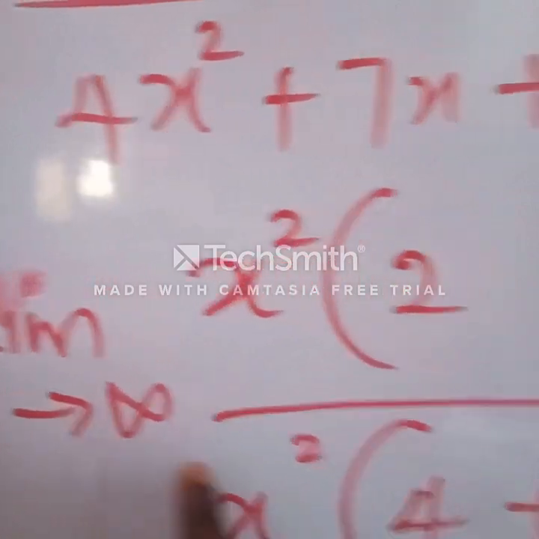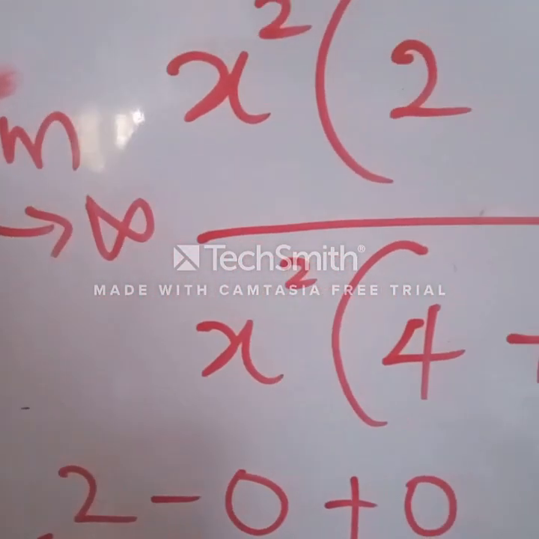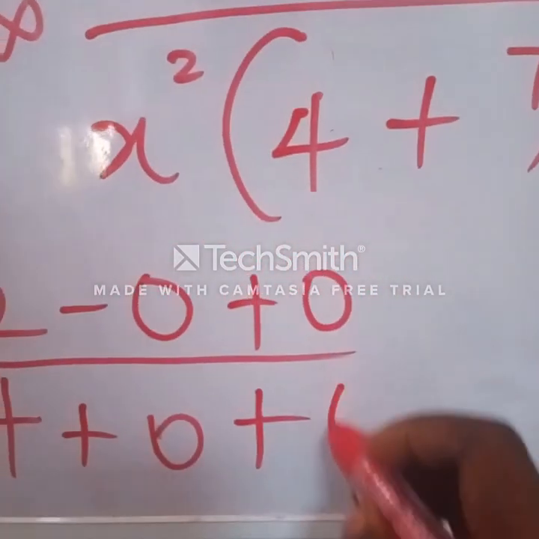Also applied to 1 over x squared, according to property 12, it's also 0.